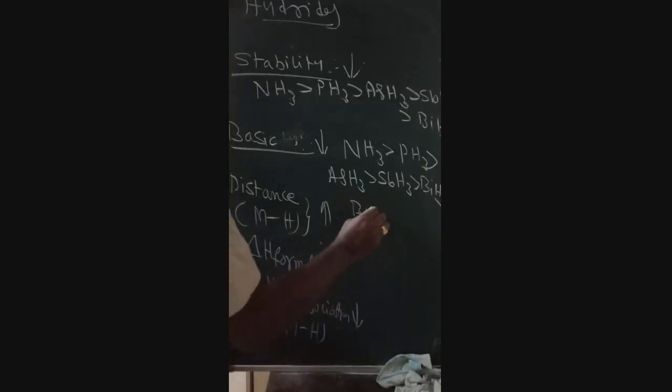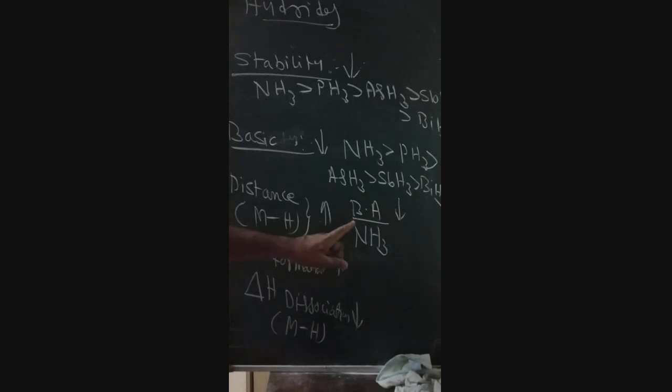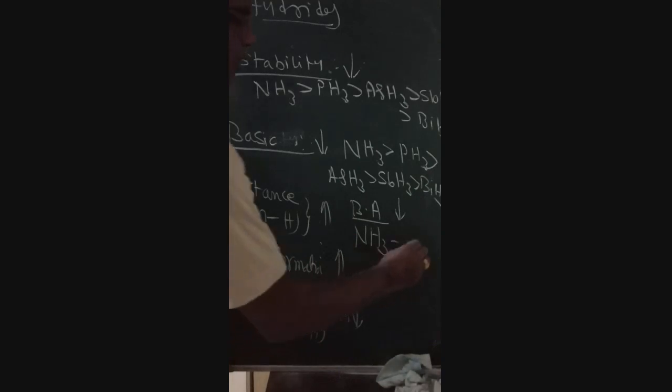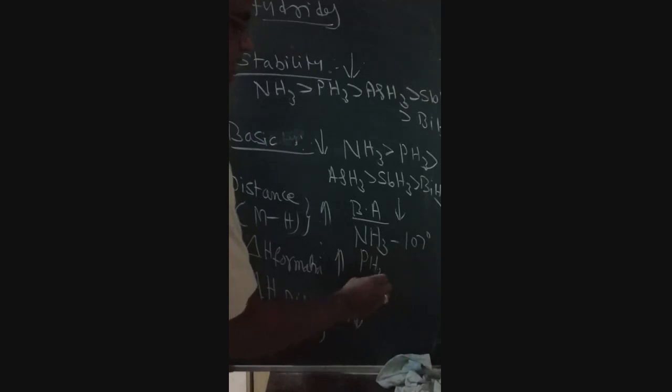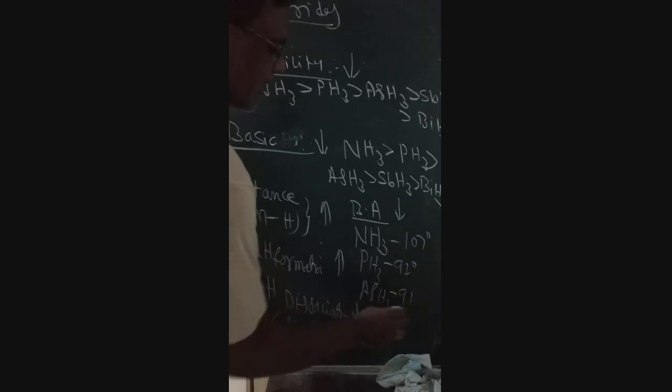One more property is bond angle. Bond angle generally decreases down the group, but ammonia has a larger bond angle because of lone pair-bond pair repulsions. The ammonia bond angle is 107 degrees, PH3 is 92 degrees, AsH3 is 91 degrees, SbH3 is 90 degrees, and BiH3 is nearly 90 degrees.